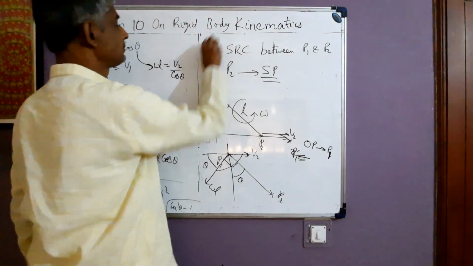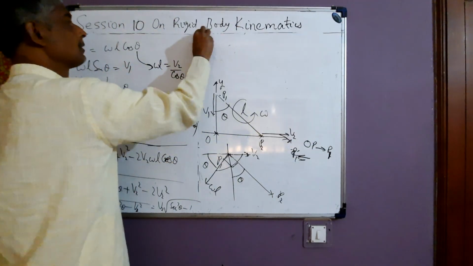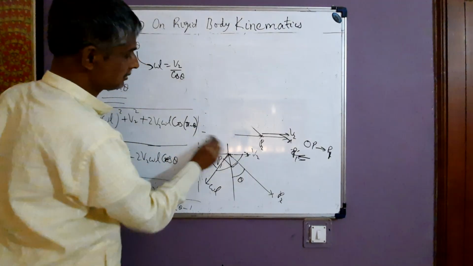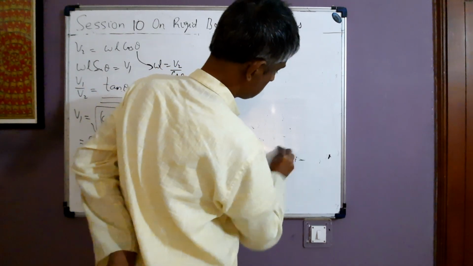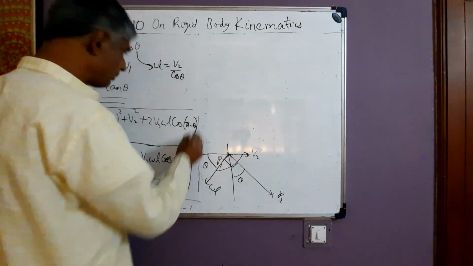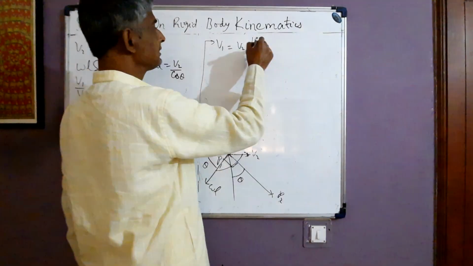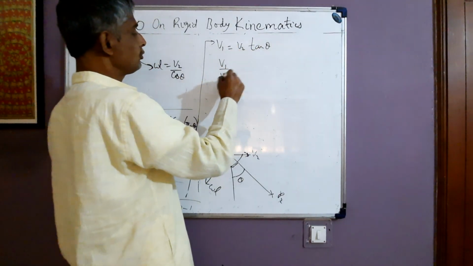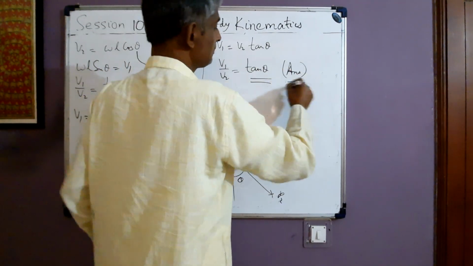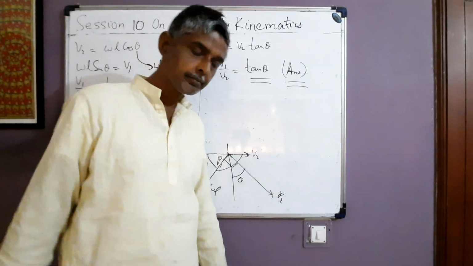So V1 becomes V2 times root sec square theta minus 1, which is simply tan theta. So V1 by V2 becomes tan theta, which is therefore the required answer. Fine. Alright. So this I discussed the question by method 2.